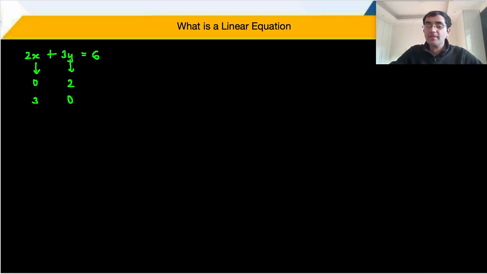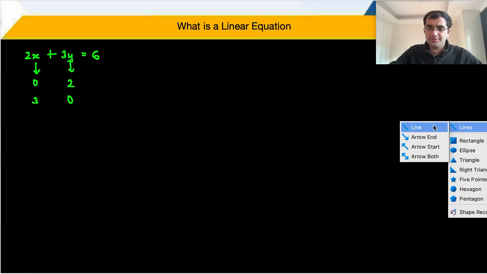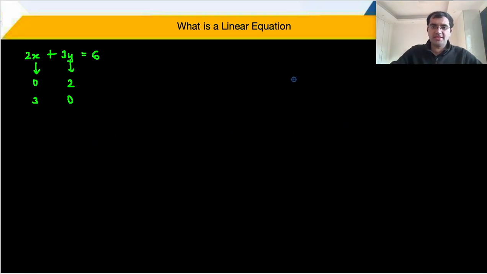Okay. Now what we do is, because there are two variables x and y, we are going to plot an xy plane and put these 2 points on that plane.